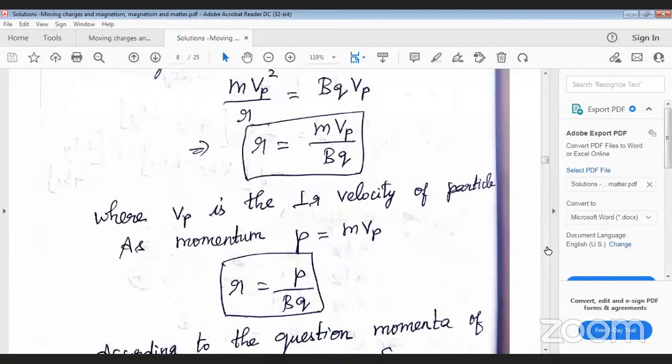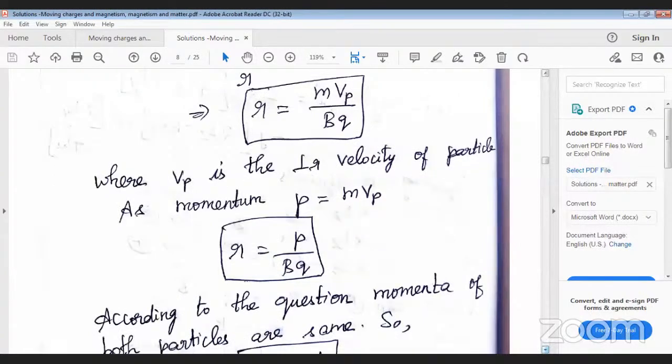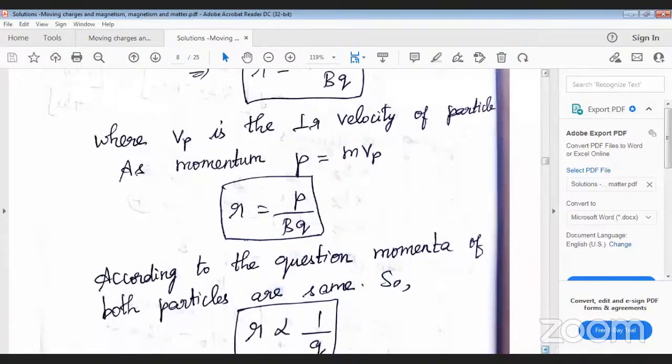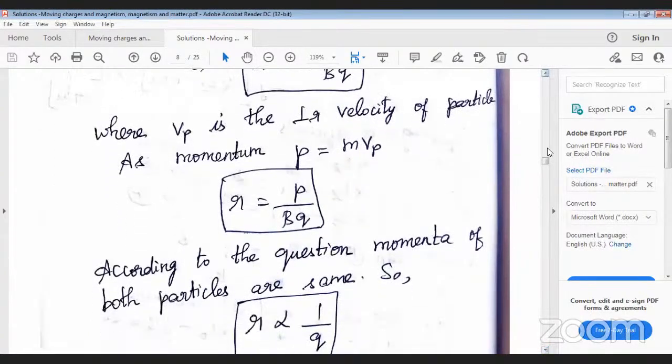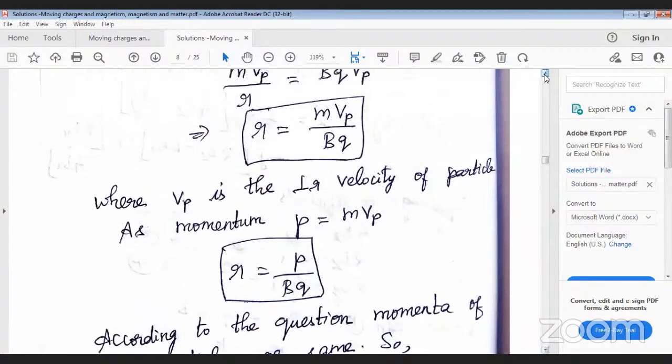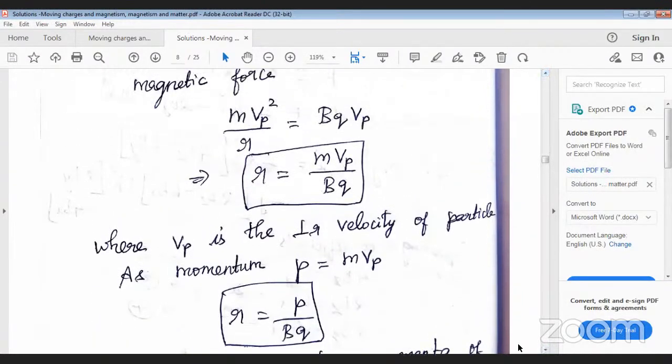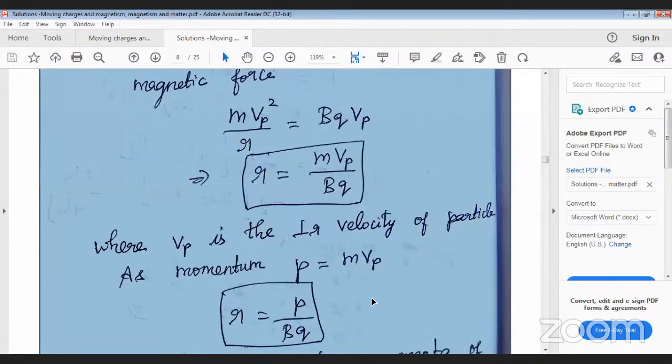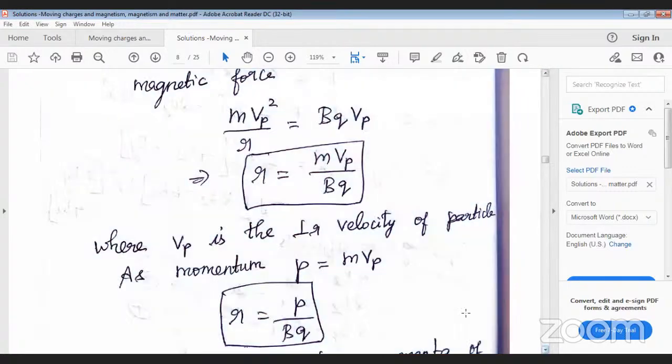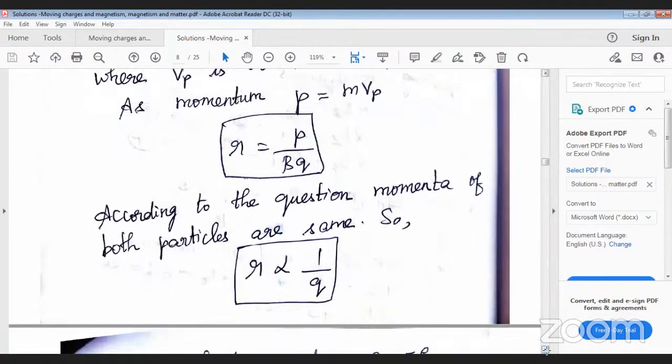So we know very well the momentum p is equal to m into v_p. So instead of this m v_p, we can simply put p, R equal to p by BQ.